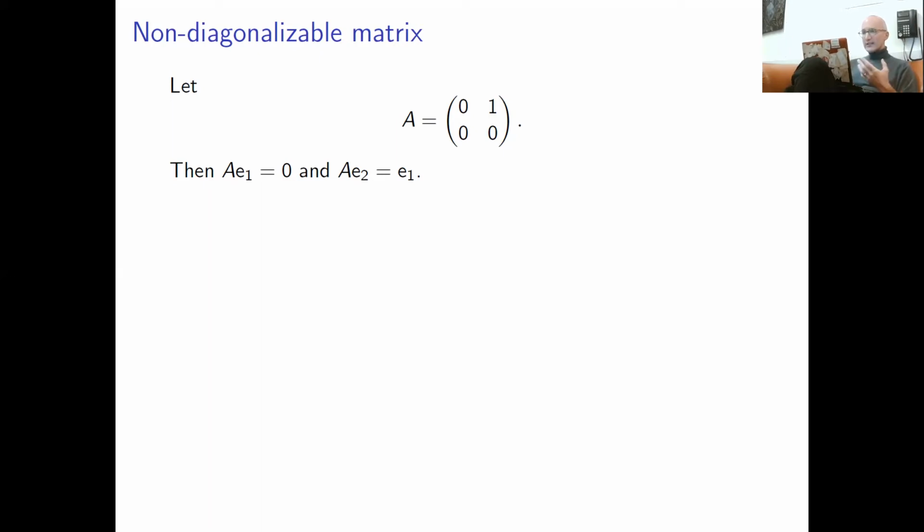So if I can find another eigenvector, we already have one eigenvector, E1. If I can find another eigenvector of this matrix such that E1 and this second eigenvector form a basis of R2, then we are done. The matrix is diagonalizable and vice versa. The matrix is diagonalizable if we can find such an eigenvector.